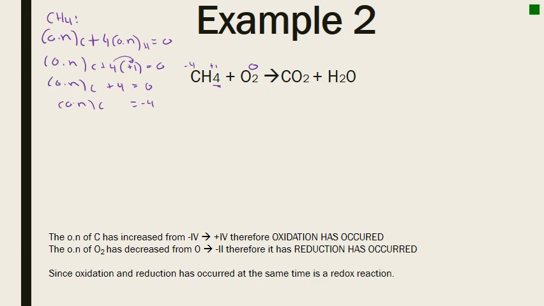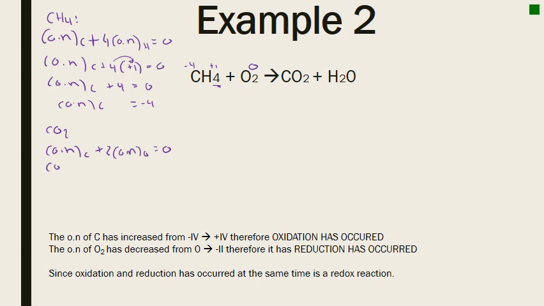Now we've got to do it for CO2. So let's do it for CO2. So the oxidation number for carbon plus, look, there's a 2 here, so we write it here, oxidation number of oxygen, which equals 0. Now we know that the oxidation number for oxygen is -2 unless it's in H2O2, but it's not in H2O2, it's in CO2, so the oxidation number for oxygen is -2.